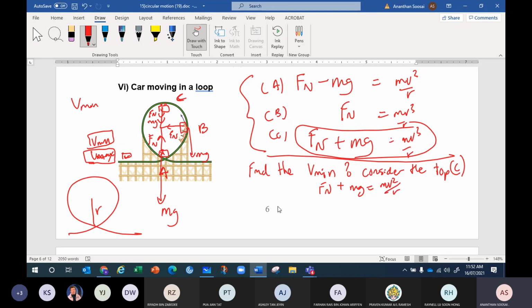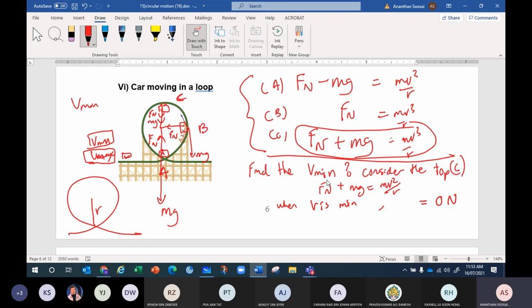Okay, now give a statement. When V is minimum, what becomes zero? When you are at the top, moving with the V minimum speed, what becomes zero? That means you will never fall down.